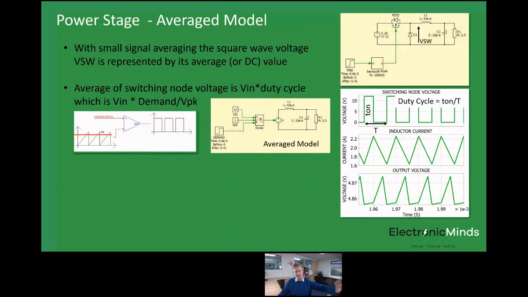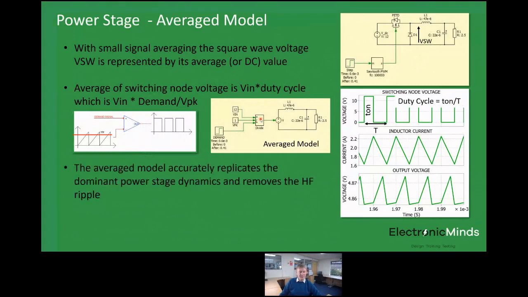But essentially, we've taken out the high frequency stuff and we've turned this into a low frequency or DC model, or small signal model. And when you look at this averaged model, it accurately replicates the dominant power stage dynamics, and it removes the high frequency ripple behavior, because the high frequency switching ripple doesn't impact the low frequency behavior.